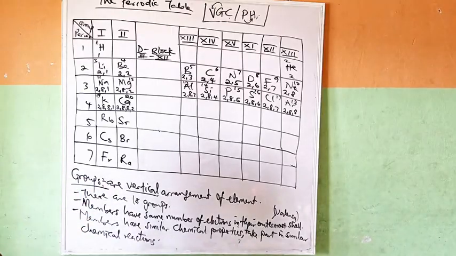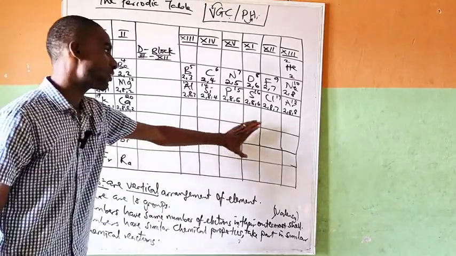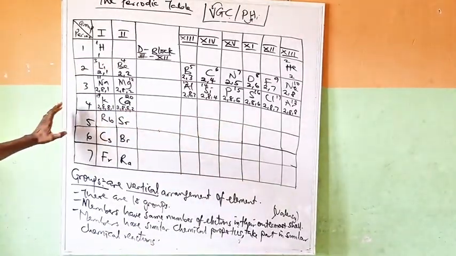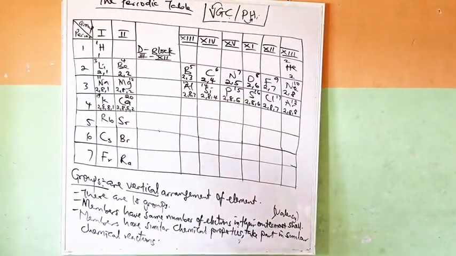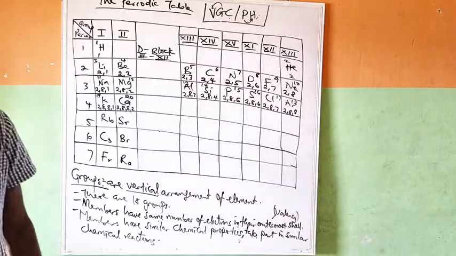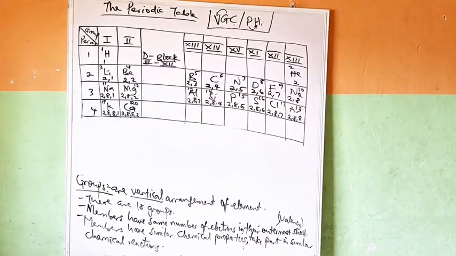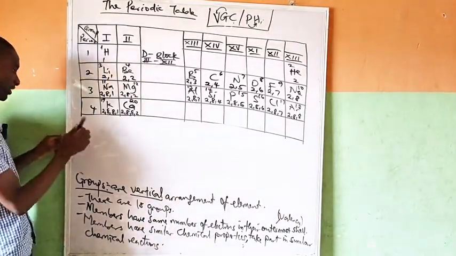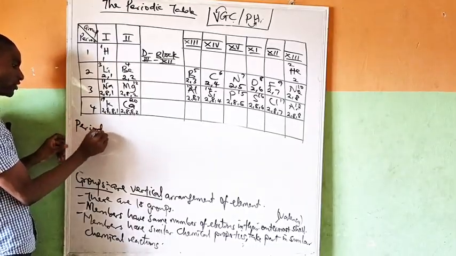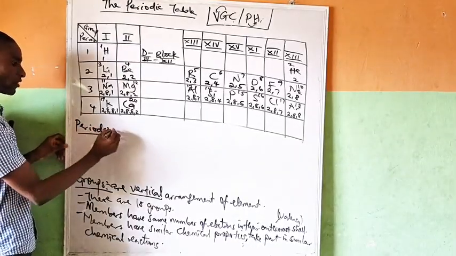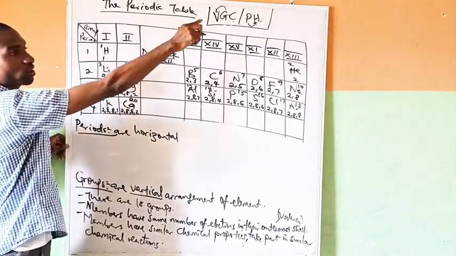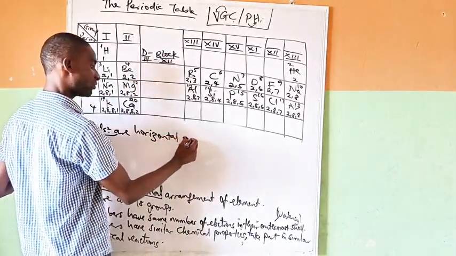Now let's talk about periods. We're going to define periods, and then I will reduce this periodic table to the first 20 elements and use it to explain further. What are periods?